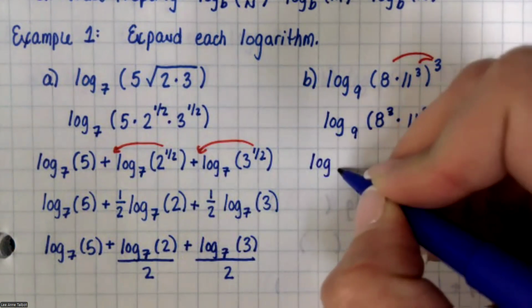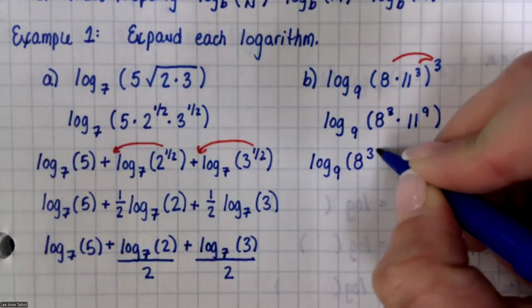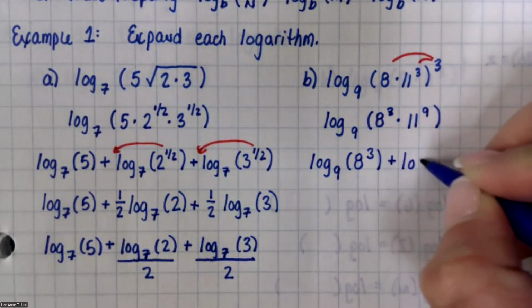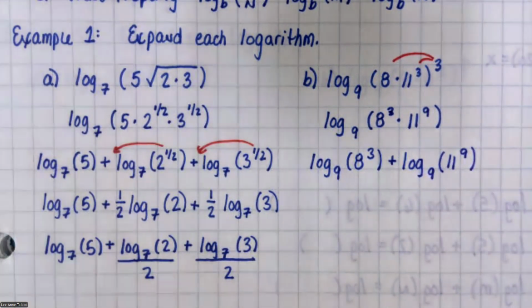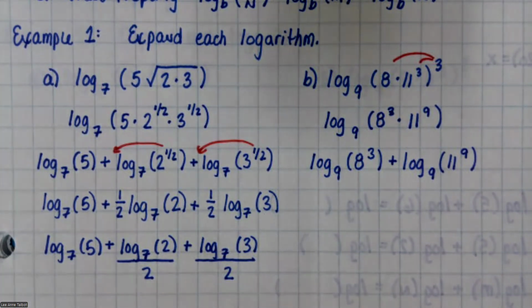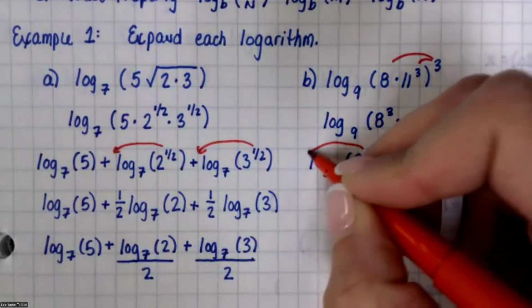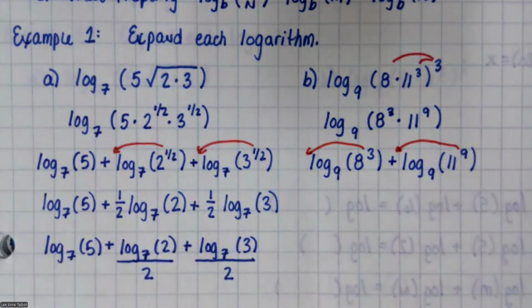So log base 9 of 8 to the 3rd plus log base 9 of 11 to the 9th.